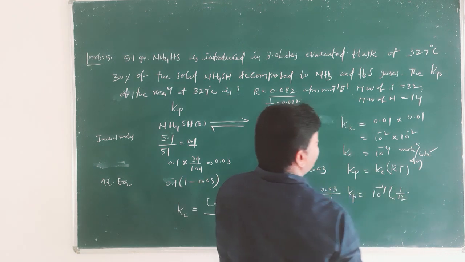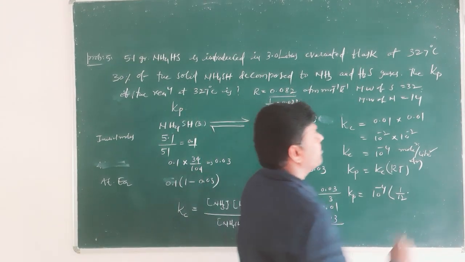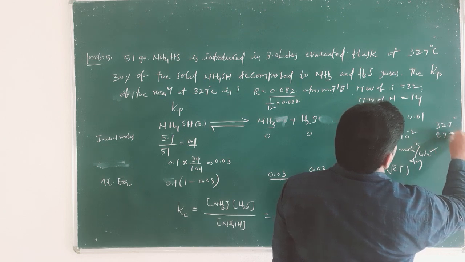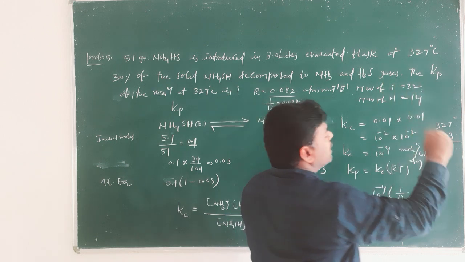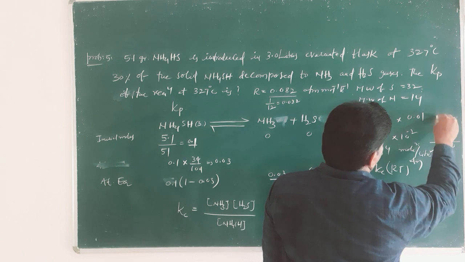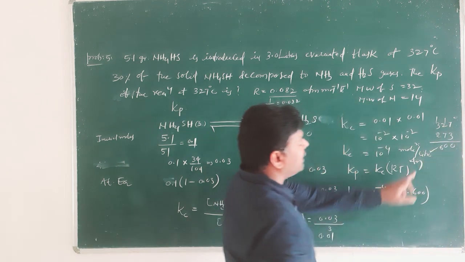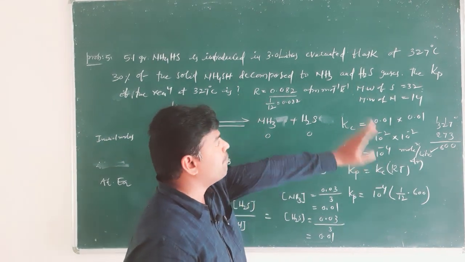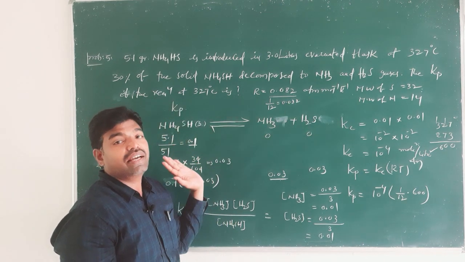Okay. And temperature should be in Kelvin scale. So, temperature is 327 degrees centigrade. You have to add 273 to convert the degree centigrade temperature into kelvins, that is about 600. Delta n, I already told you in the earlier classes, is the number of gaseous products minus the number of gaseous reactants.